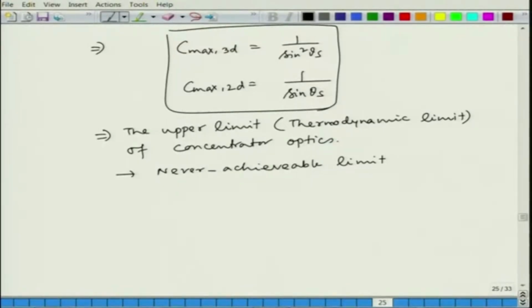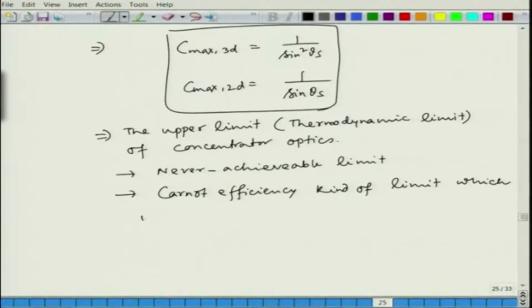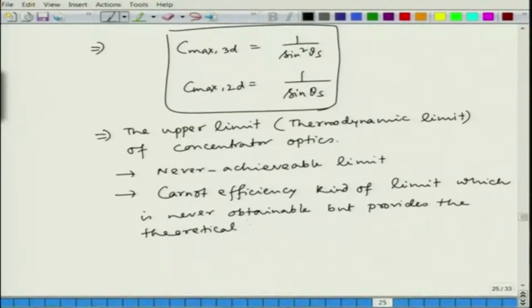So, that means it is like a Carnot efficiency kind of limit which is never obtainable, but provides the theoretical upper limit.